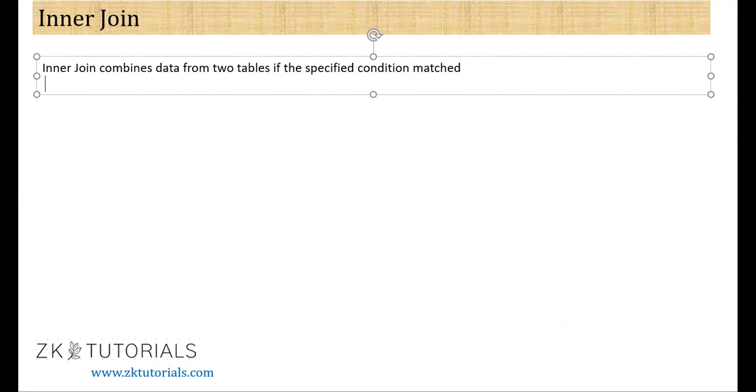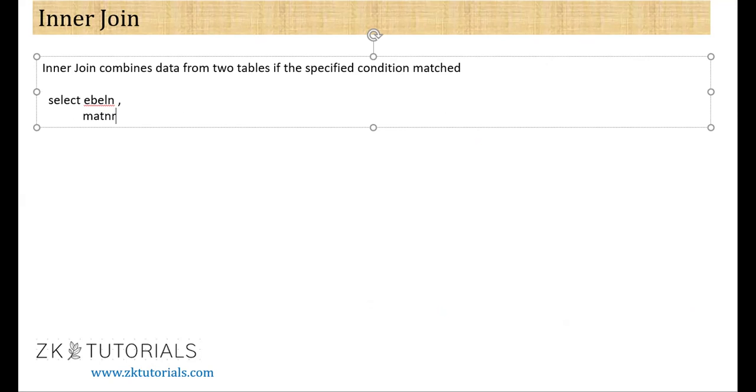For example, in our core ABAP training, we used to write SELECT EBELN, and so on, FROM EKKO INNER JOIN EKPO ON EKKO-EBELN equals EKPO-EBELN, INTO TABLE of the internal table.